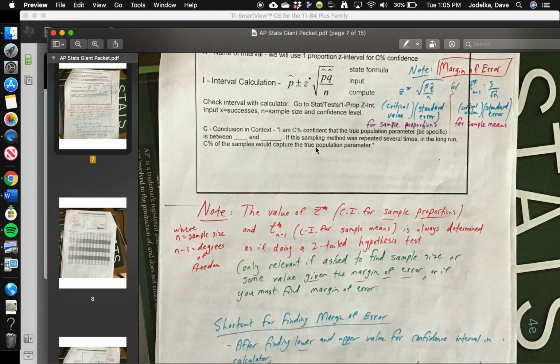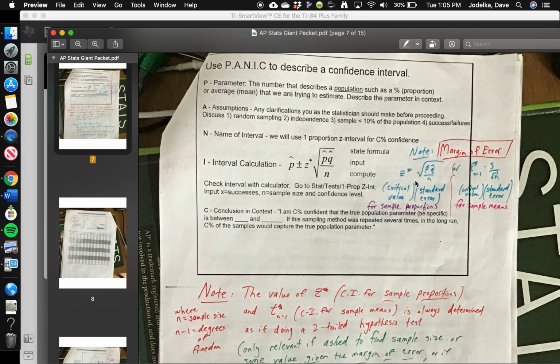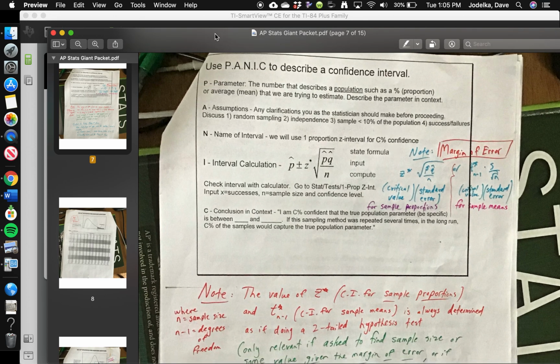What a confidence interval means is what I just said, or if we were to continue to sample in this way, in the long run this percent of the samples would capture the true parameter value as well. A confidence interval is oftentimes a natural follow-up to a hypothesis test because it gives you a range of possible answers for the true parameter you're looking for, whereas a hypothesis test is a way to determine, with a probabilistic method, how likely that answer is.